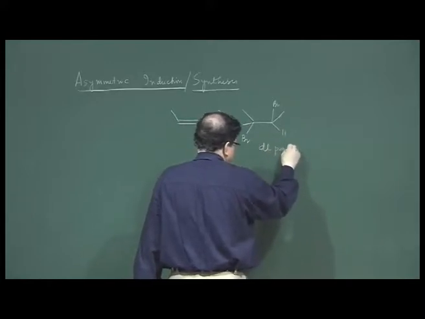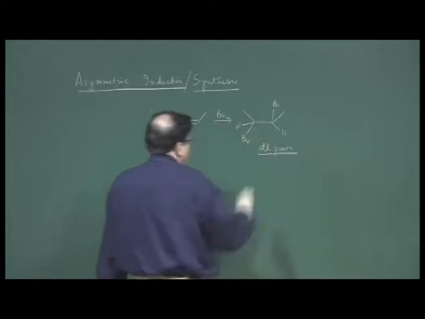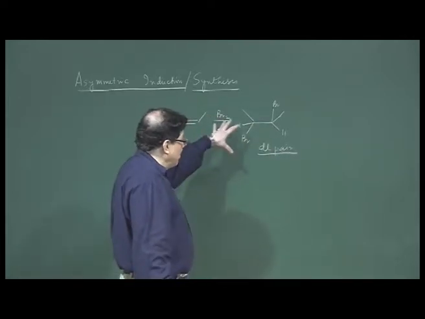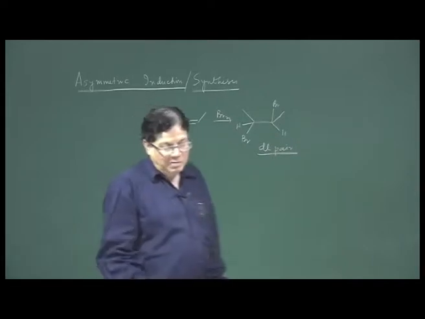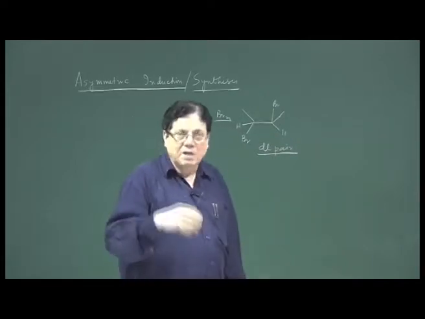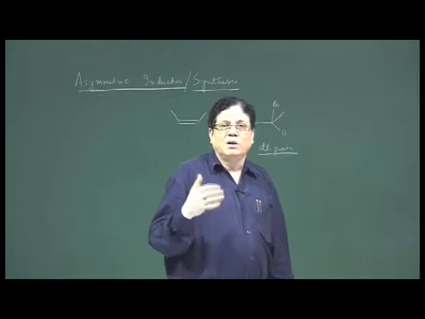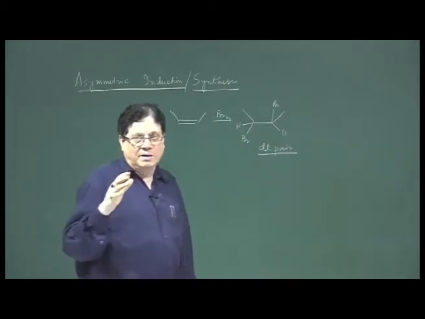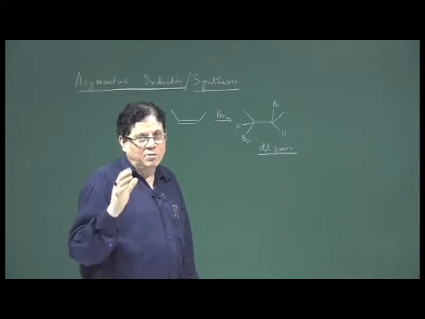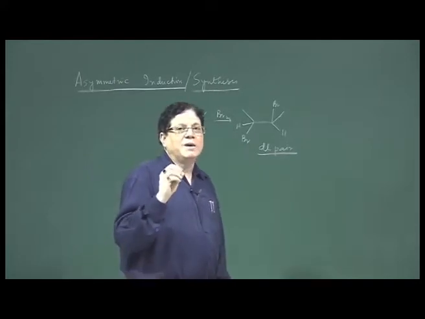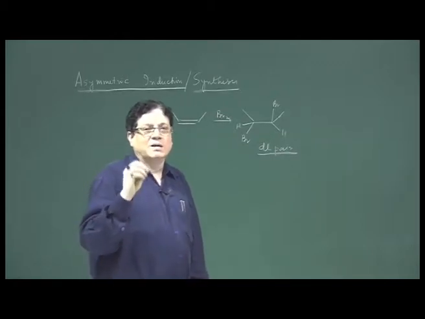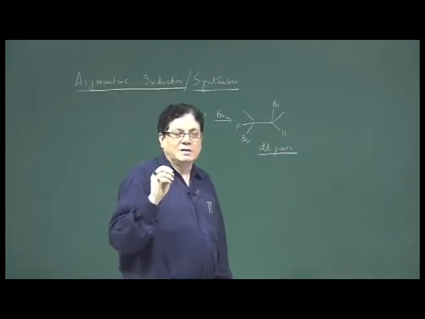This is also a stereoselective reaction, but it does not fall under the category of asymmetric synthesis. When you can make the compound in one chiral form or partially pure chiral form, then that stereoselective reaction will fall under the category of asymmetric synthesis. I hope it is clear. Stereoselective reactions leading to the production of chiral compounds fall under the category of asymmetric synthesis. Okay.